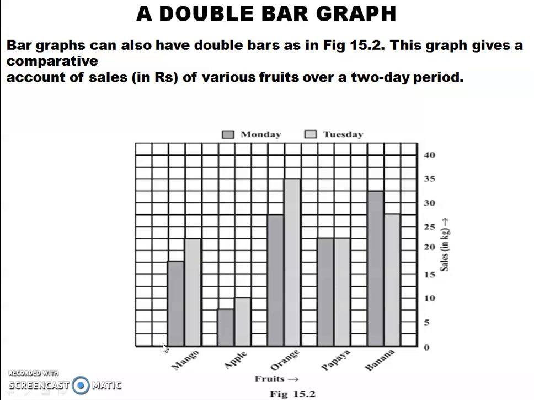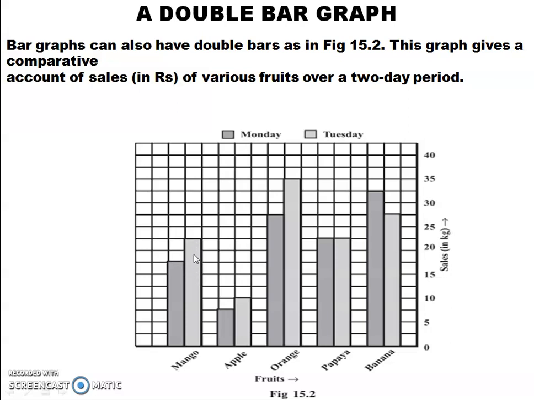So, along the x-axis you have 5 types of fruits: mango, apple, orange, papaya, banana, and along the y-axis you have sales in kilograms. So you can compare the sales of mango on Monday and Tuesday. Which is greater?